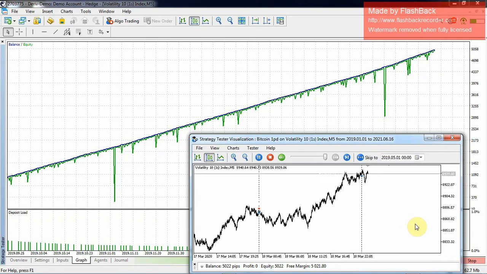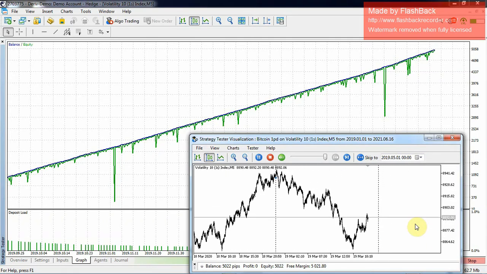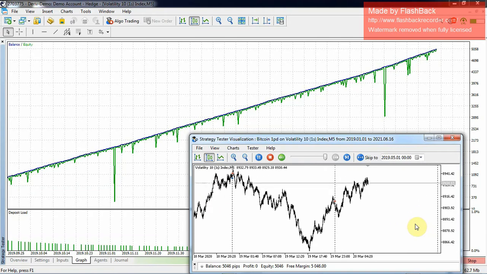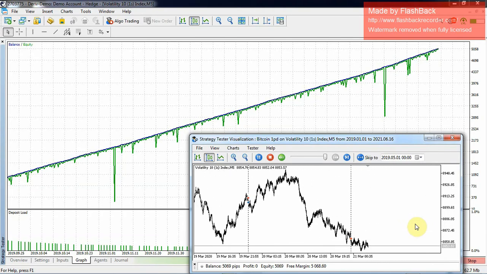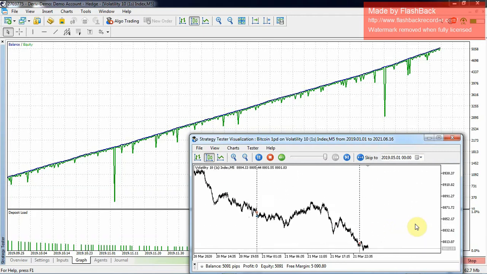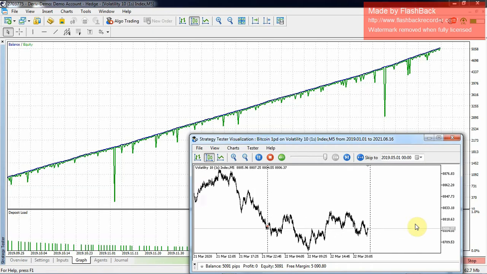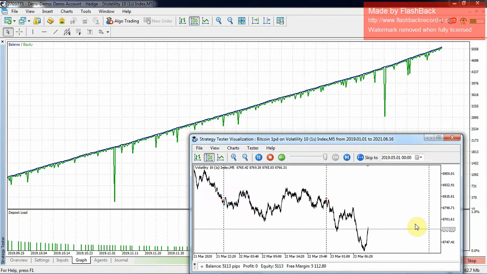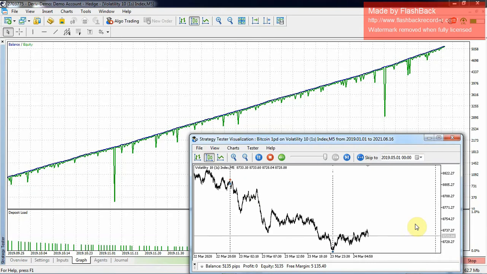The robot analyzes the first candle of the day and we make a decision from that. Check the trades, check the balance line.